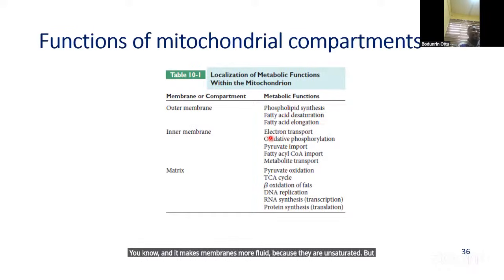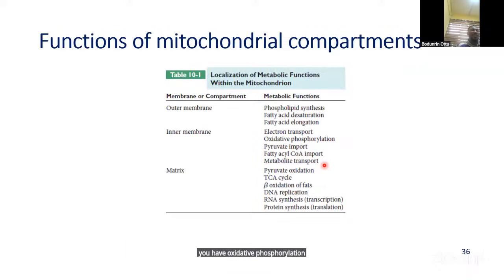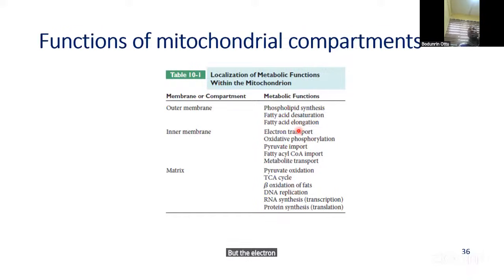But in the inner mitochondrial membrane, you have things like electron transport chain, oxidative phosphorylation, pyruvate import, fatty acyl-CoA import, metabolite transport. But the electron transport is something that you really look at as a topic by the time you get to year 2, because it's also a way of generating more ATP.